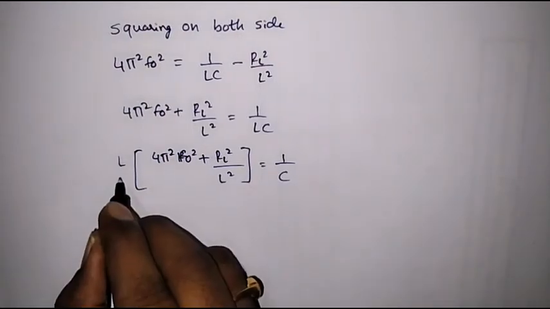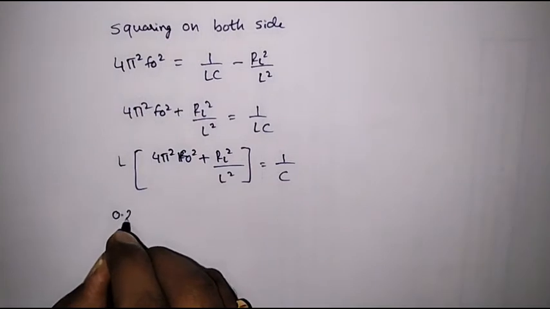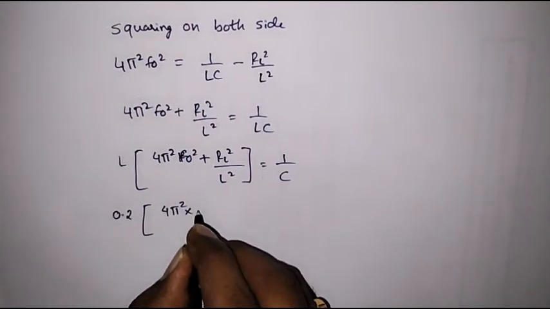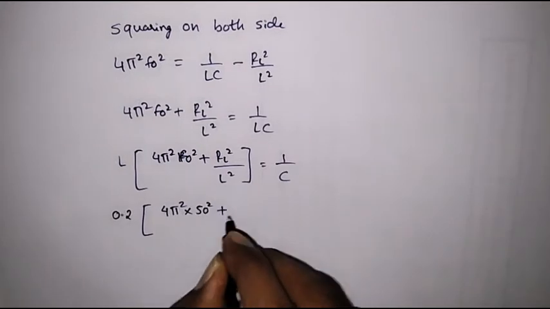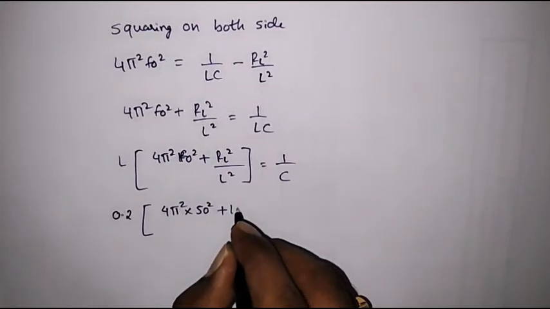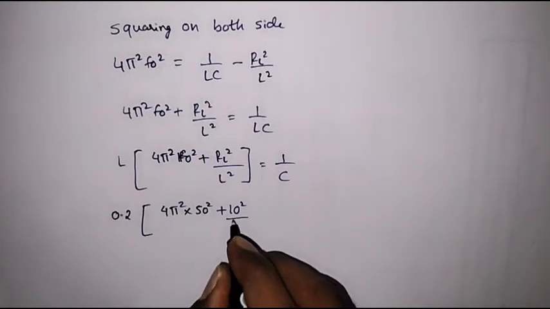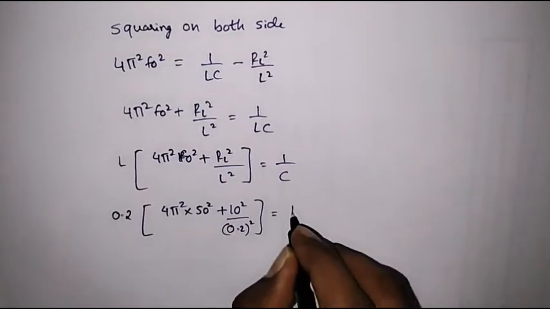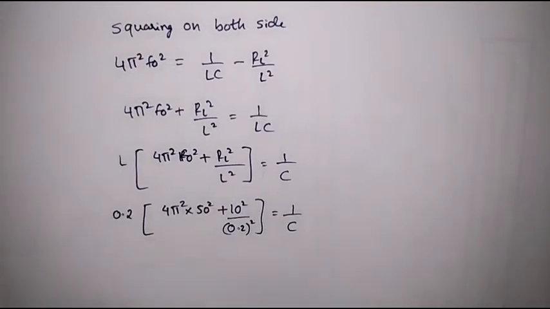Now we'll substitute the values. L value is 0.2, into 4 pi square into F0, which is 50 square, plus RL, which is 10 square, divided by L value 0.2 square, is equal to 1 over C. We'll simplify this.